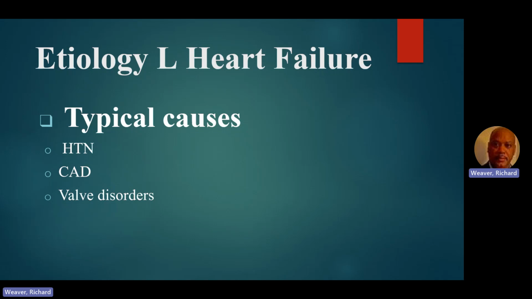Coronary artery disease acts the same way, in the sense that it makes the diameter more narrow, so there's more resistance for the heart to work against. And of course, valve disorders, for example aortic stenosis, where the valve is stenosed, and so it's very difficult to eject blood through a small opening. So that increases the pressure on the left ventricle.